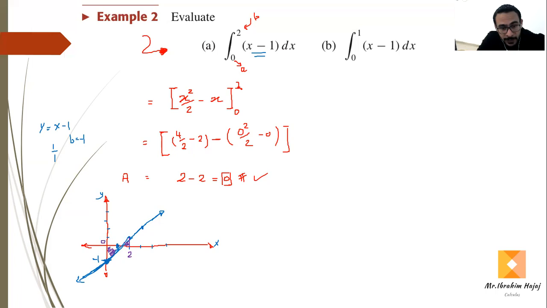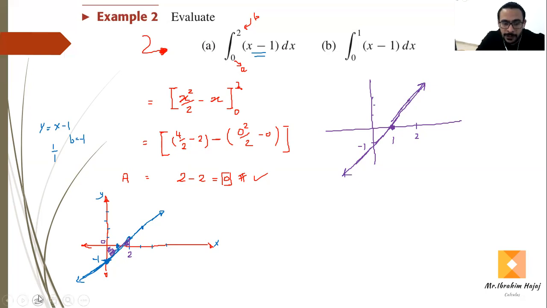You have what, Osama? The triangle above and the triangle below. Here is negative 1, here 2, and here the 1. Here is also the x-intercept. So the graph is nearly like this. So you have a triangle above and a triangle below.